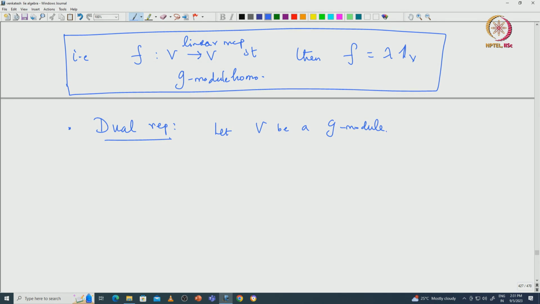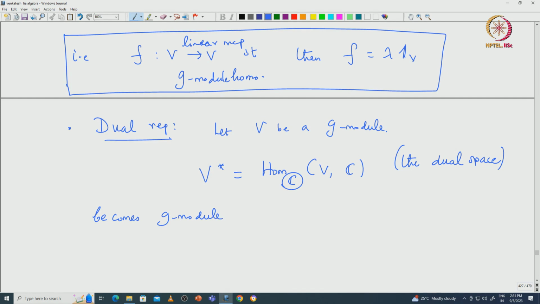Then one can consider the dual space, which we denote by V star, which is nothing but all linear maps from V to C, denoted Hom_C of V comma C. If we do not mention the C, it is assumed to be linear maps from V to C. This is called the dual space, and this dual space can be made into a G module by defining the following action of G on V star.